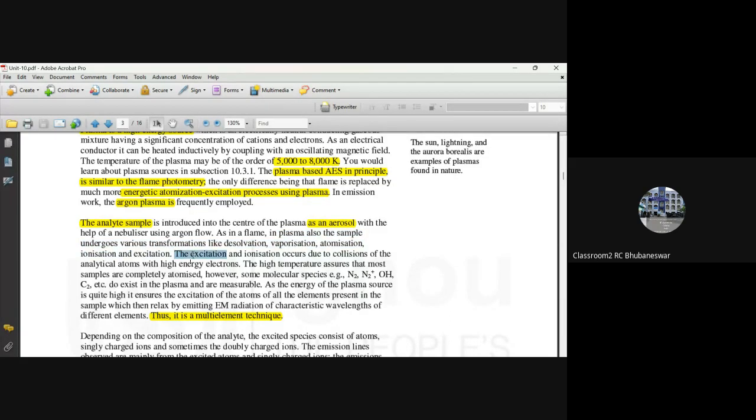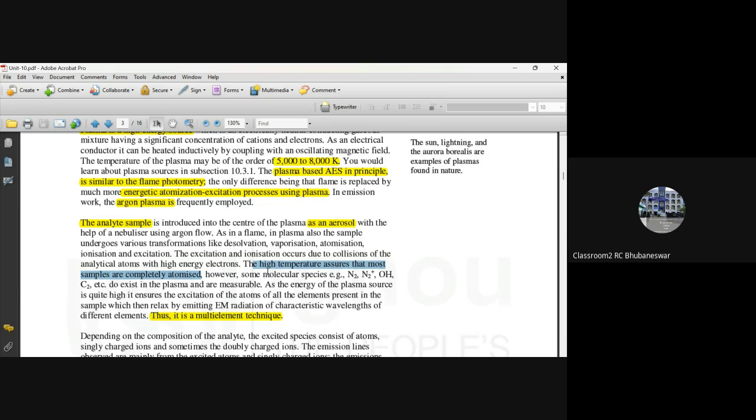The excitation and ionization occur due to collisions of the analytical atoms with high energy electrons. The high temperature assures that most of the samples are completely atomized. This is the difference of using plasma-based AES instruments: because you are maintaining high temperature, you are assured that complete atomization of the species is happening.